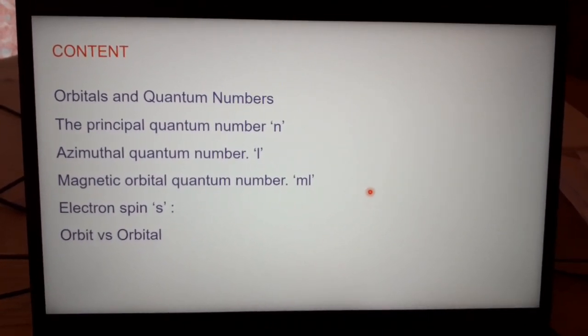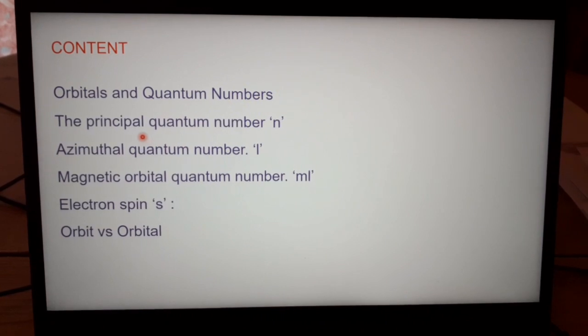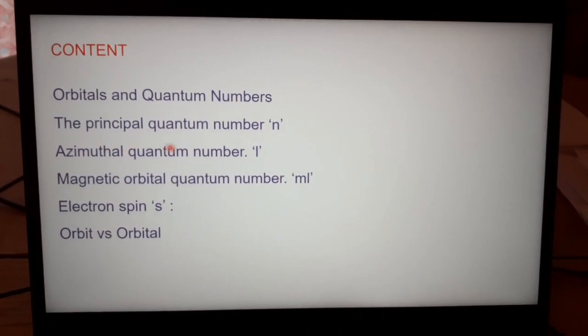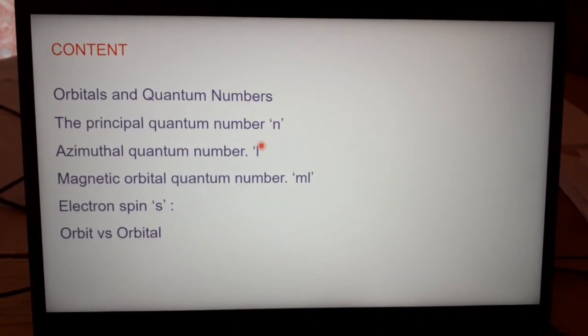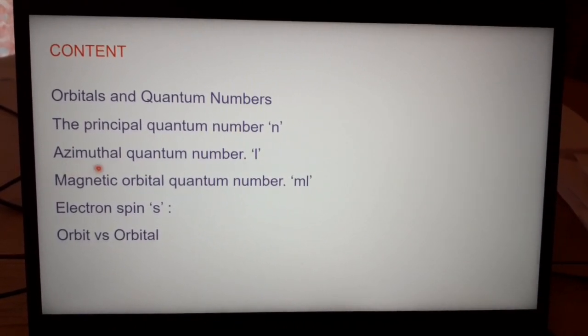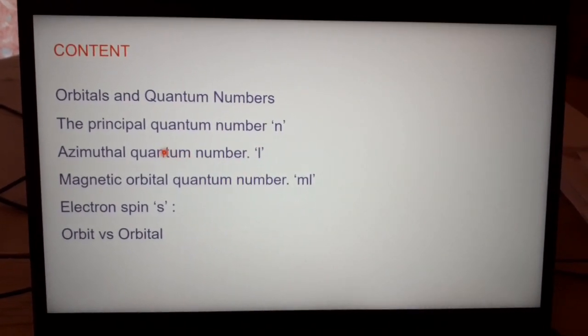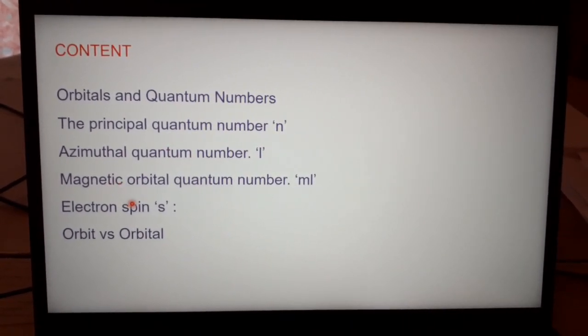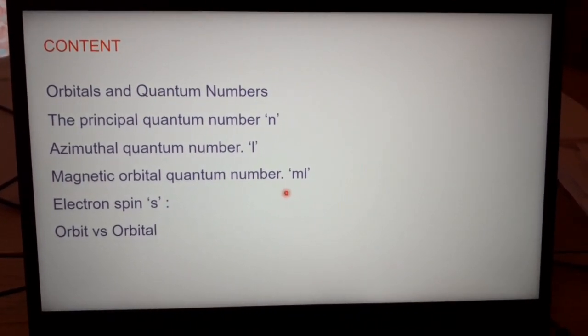Now we will discuss the orbitals and the quantum numbers. The principal quantum number, which is designated as n, and the azimuthal quantum number, which is designated with l, followed by the magnetic quantum number, which is designated with ml.